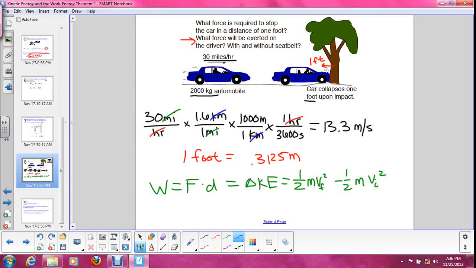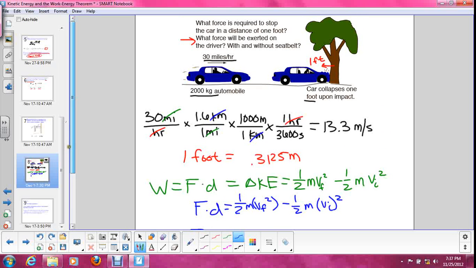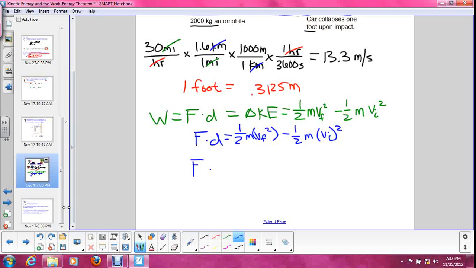So to simplify this a little bit, we have force times distance equals 1/2 m v final squared minus 1/2 m v initial squared. And we can start plugging in numbers. We are trying to figure out the force applied to this guy. But we already know how far he traveled, right? The car crunches 1 foot before it comes to a stop.